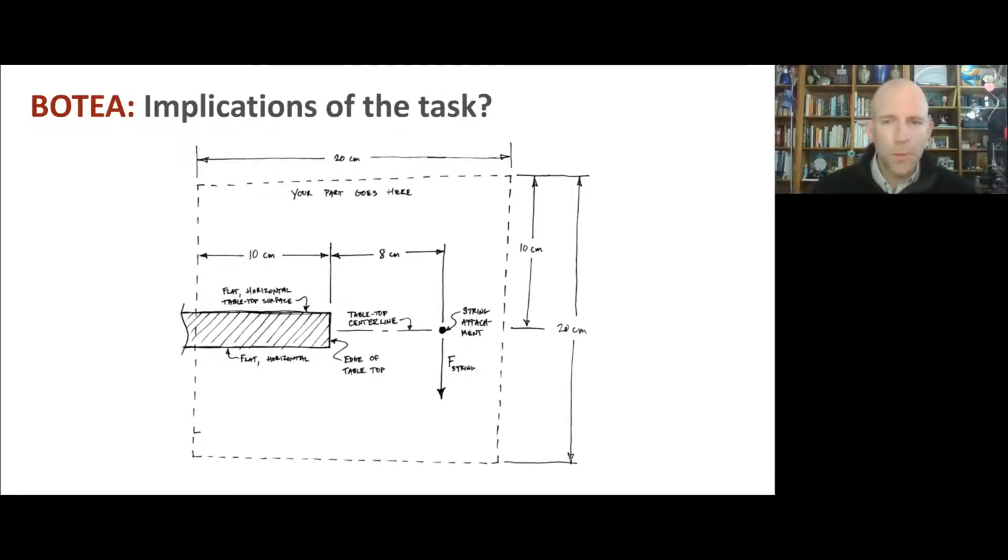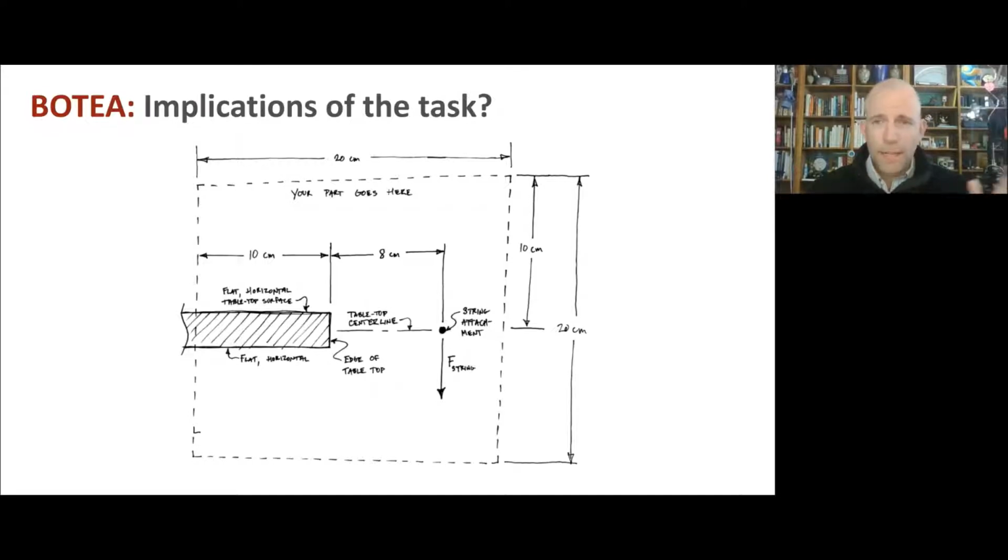When we set up this problem, we've got here the table. We know we want this offset load that's going to be applied by string with 100 newtons of force downwards, and we have this bounding box that limits where we can place our part. Just from those constraints and from that loading, we can tell some interesting things about our component.